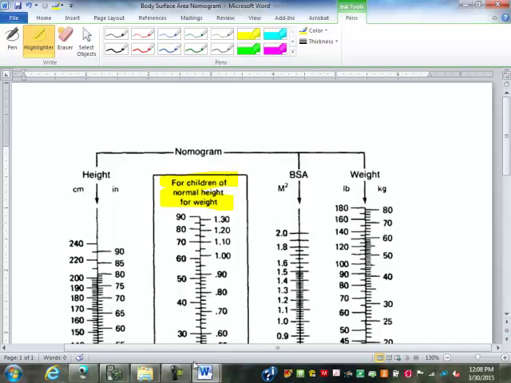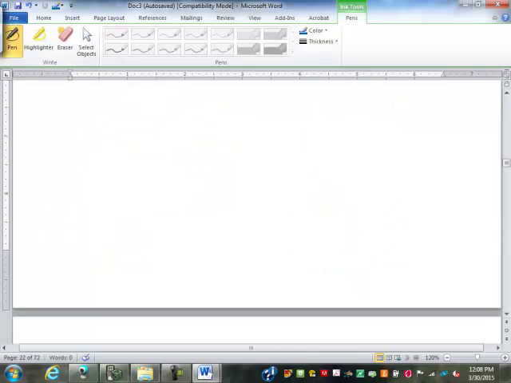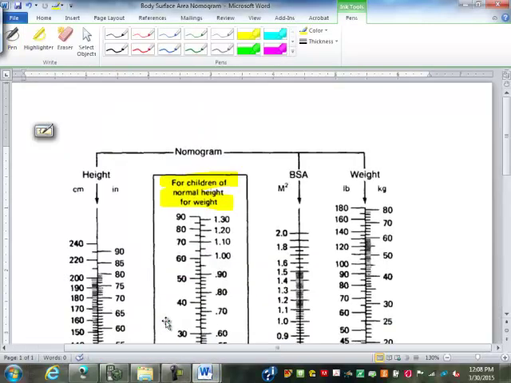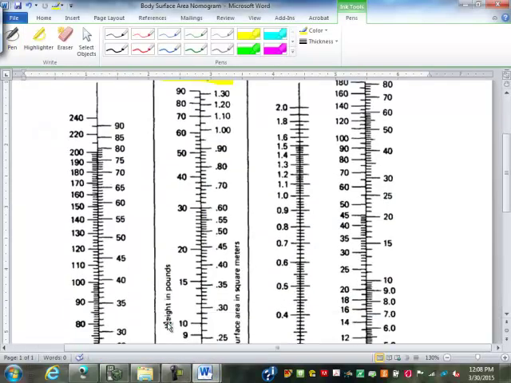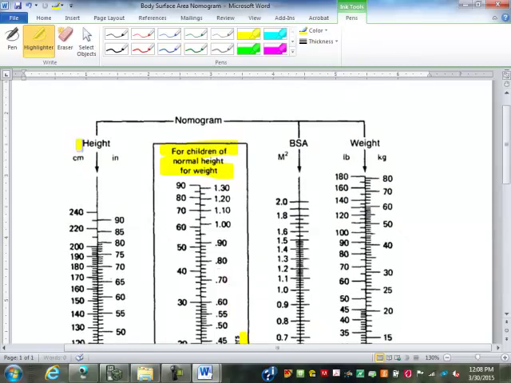So for example, let's say that we have a juvenile patient, a child that weighs 68 pounds. The nomogram allows us to do this quite quickly. Now we have to double check here just to make sure. And yes, the weight is in pounds, and this is in square meters. So we said 68. Well, here we have 60, 65, and 70.